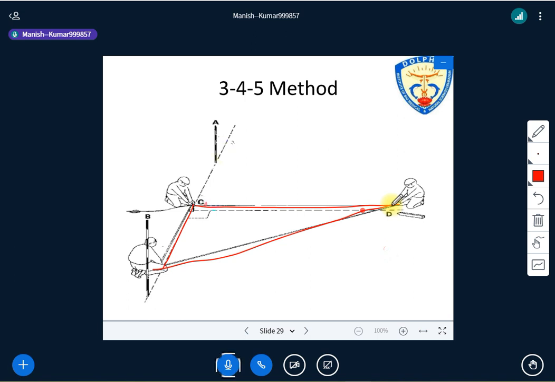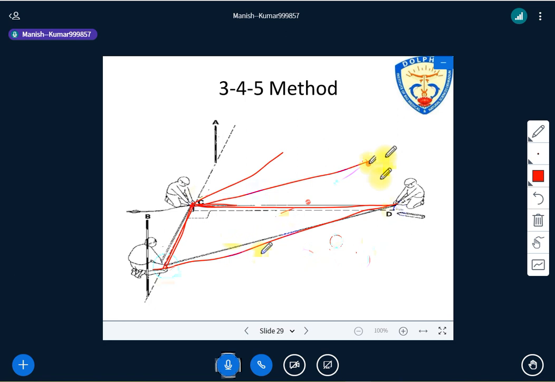But when you are measuring from here, the line may be deflected like that. If it is deflected, obviously it will not be 5 meters. So now you have to adjust it properly, so that when you measure from this point to this point, the length is 5 meters. When you achieve this position, you can fix this point as the perpendicular offset.